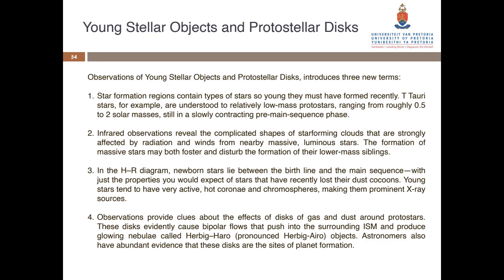Observations provide clues about the effects of disks of gas and dust around protostars. These disks evidently cause bipolar flows that push into the surrounding ISM and produce glowing nebulae called Herbig-Haro objects. Astronomers also have abundant evidence that these disks are the sites of planet formation.